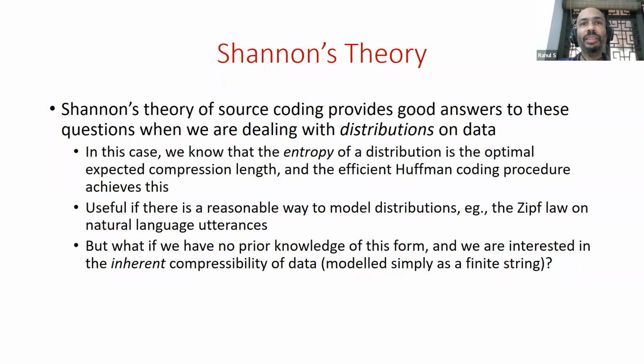So you have the most popular word and then the next most popular word and so on. If a word is the ith most popular word, then the probability with which it will occur in a text is roughly proportional to 1 over i. That's what Zipf's law tells you.